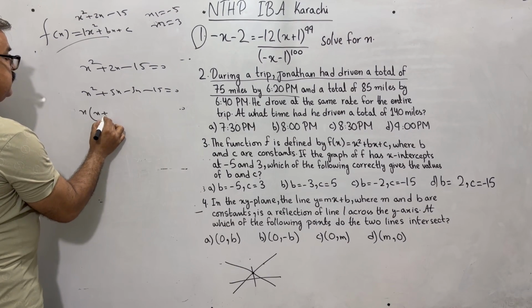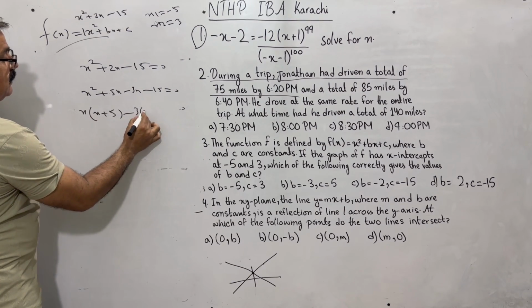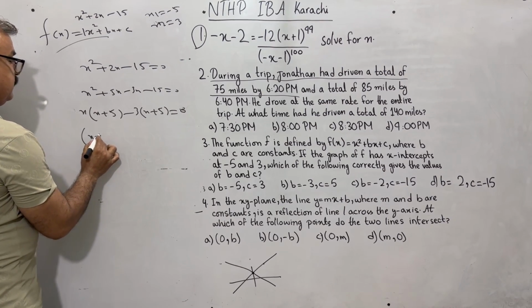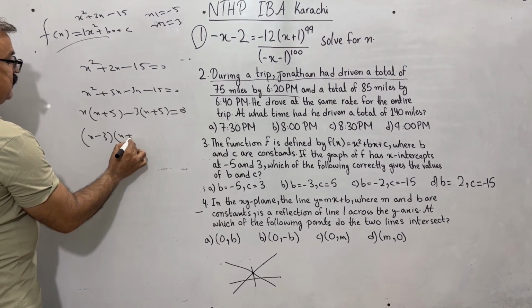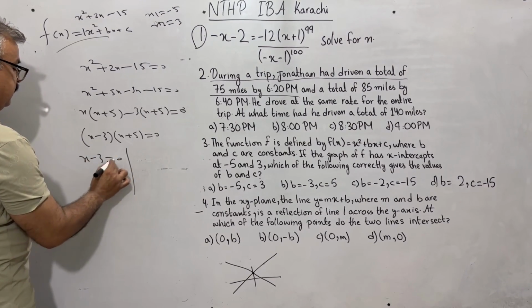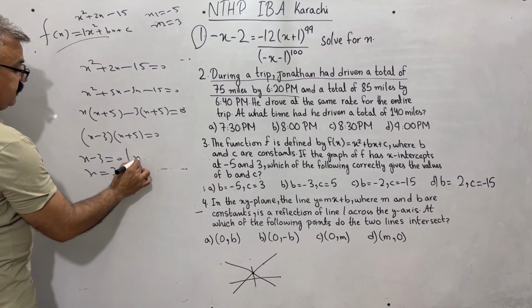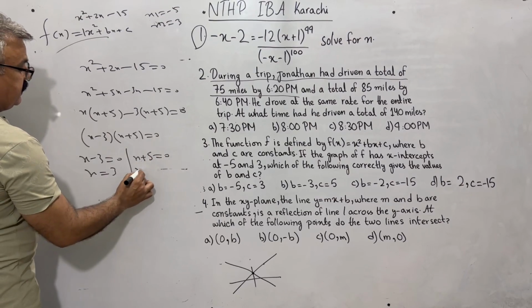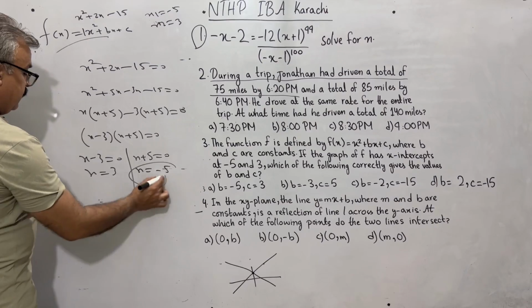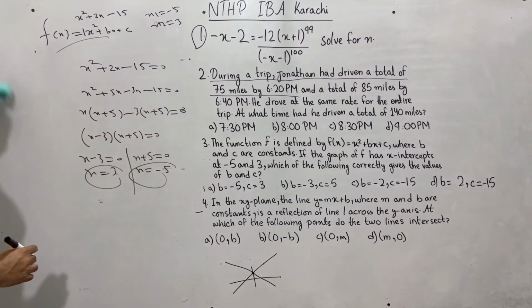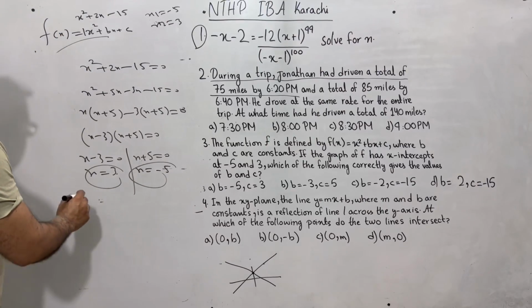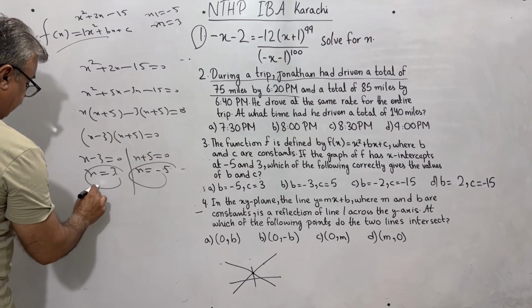Taking x common, x plus 5 and x minus 3 is equal to 0. So x minus 3 is equal to 0 gives x is equal to 3, and x plus 5 is equal to 0 gives x is equal to -5. So this tallies with the question, x is equal to -5 and x is equal to 3. These are the x-intercepts of the given function.